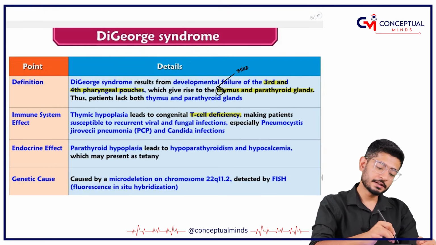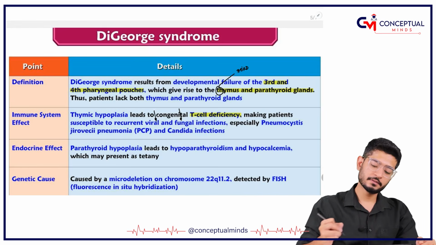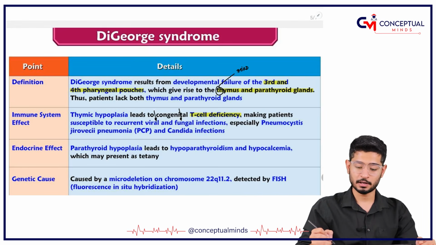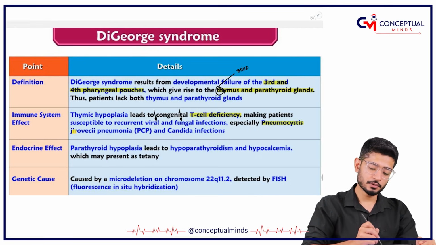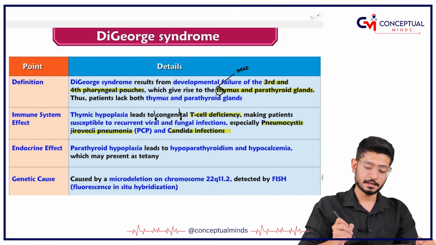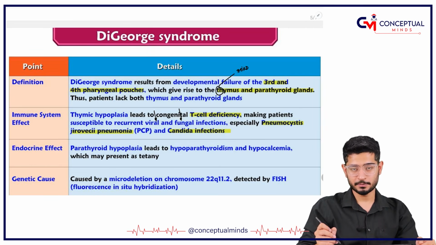Because there is T cell deficiency, there are going to be fungal infections and viral infections, and this is responsible for causing Pneumocystis jirovecii pneumonia as well as candida infections. Can you understand, your T cells are not functioning properly? That's why there is Pneumocystis jirovecii infection and candida.